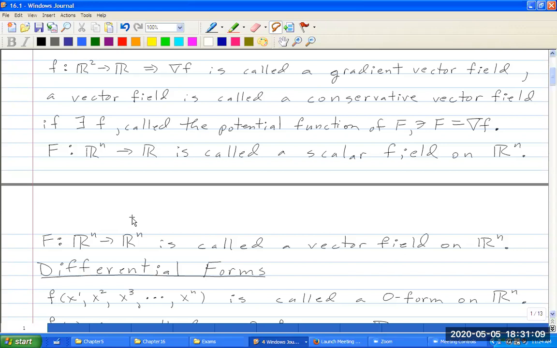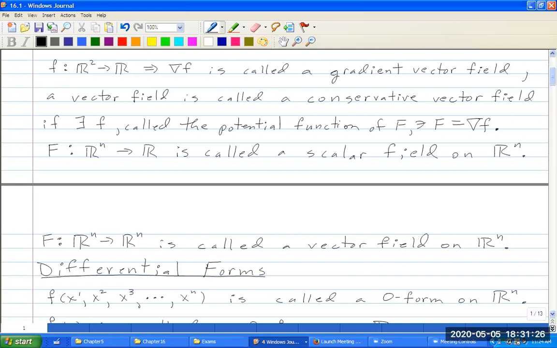This construction, exterior algebra, unifies the concepts that we're going to be discussing.